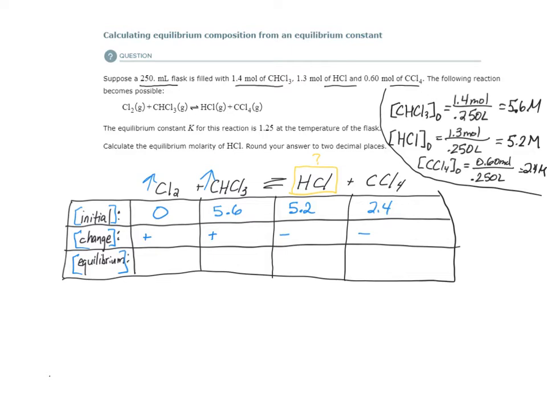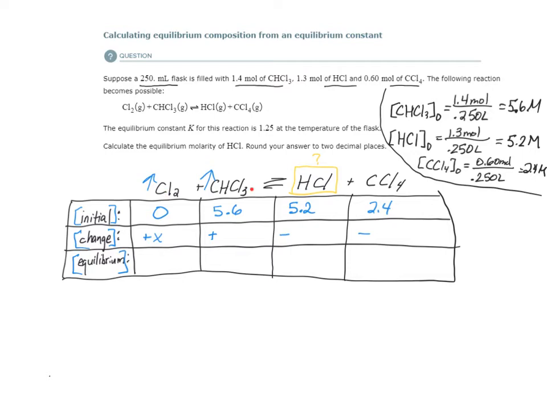So what do we place after we determine what the signs are? Well, we're going to represent the change in concentration with the letter X. We're going to use some algebra here. So the initial concentration is going to change by some amount that is represented by X. Now this is where the stoichiometry comes in. In this case, all of the coefficients are 1.